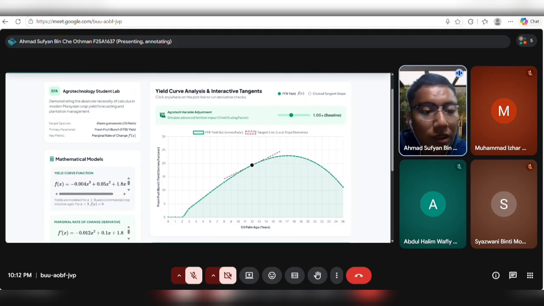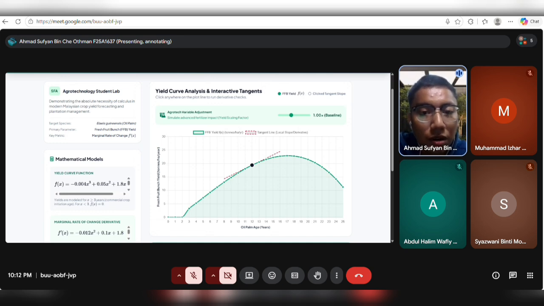While all palm trees begin commercial production around year 3, they eventually hit a peak and experience a natural decline in fresh fruit bunch yields due to tree aging, canopy saturation, and biological senescence.